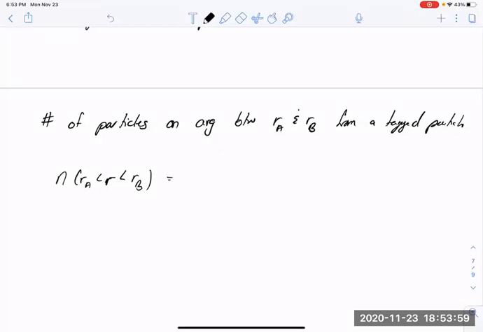The number of those particles is just going to be given by summing up the density over that domain, given that there's that particle at the origin.